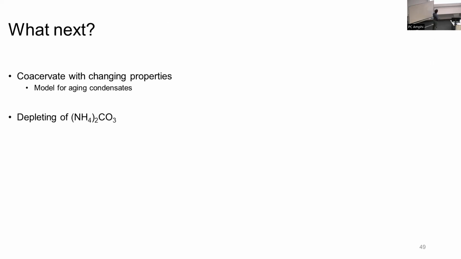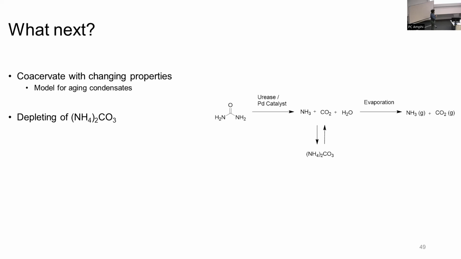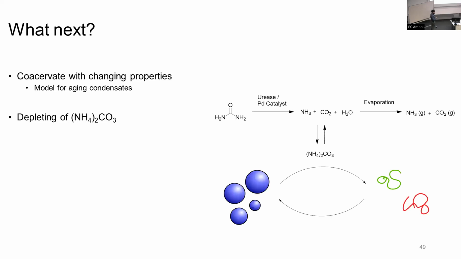And additionally to that, and this is a very naive and perhaps optimistic way of looking at it, but I think it's pretty cool. In this system, we now have constant depletion of ammonium carbonate that is constantly being evaporated. If now you introduce a reaction that is generating more ammonium carbonate, then suddenly you have something that is creating ammonium carbonate and something that is destroying it. You can run the system out of equilibrium.